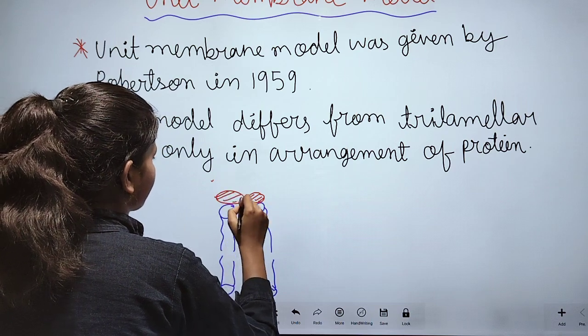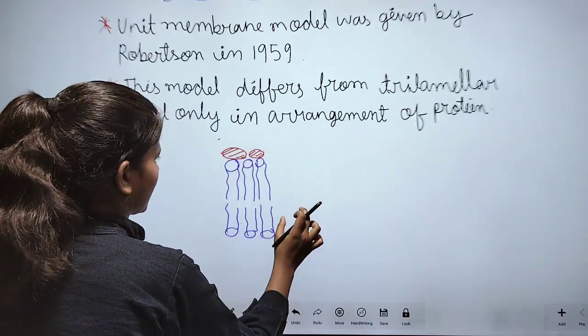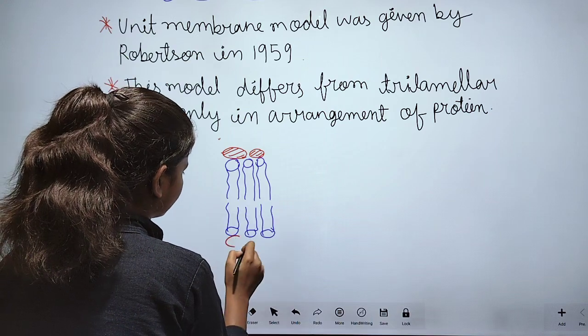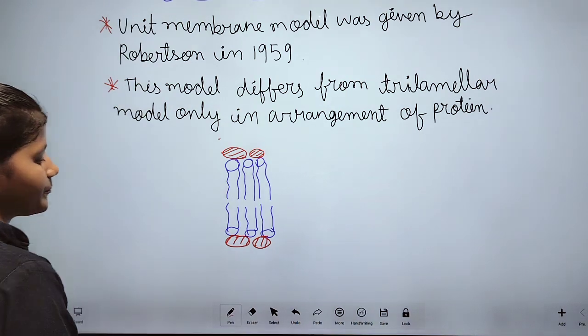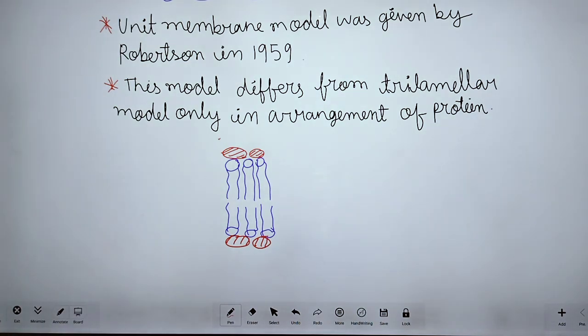Proteins are arranged like this. This one is protein. We had already seen this structure of the trilamellar model.